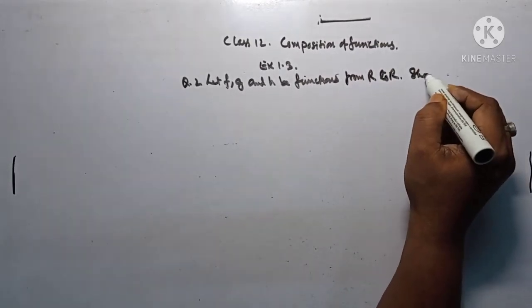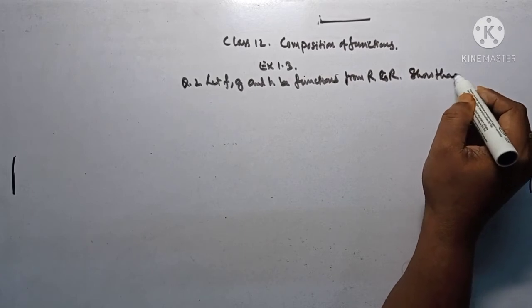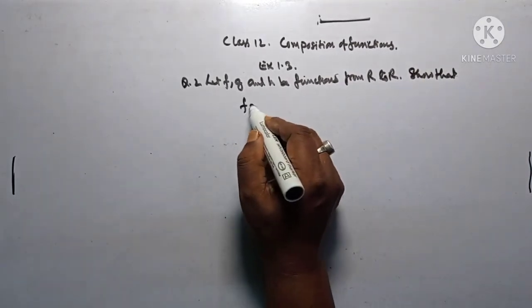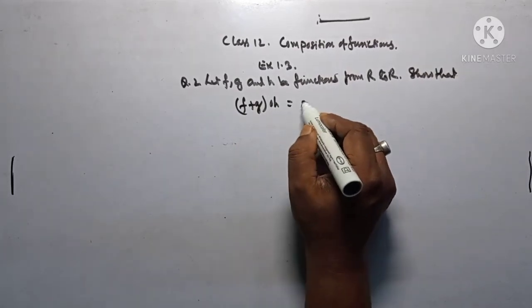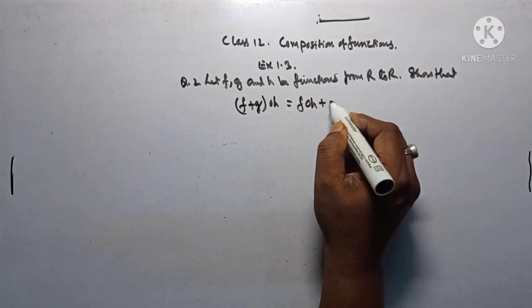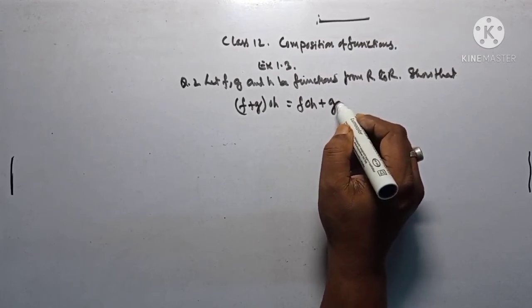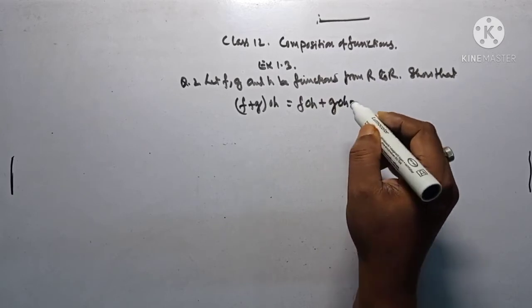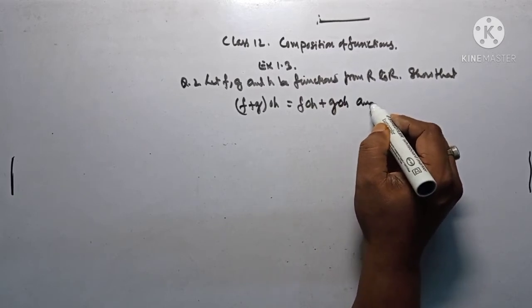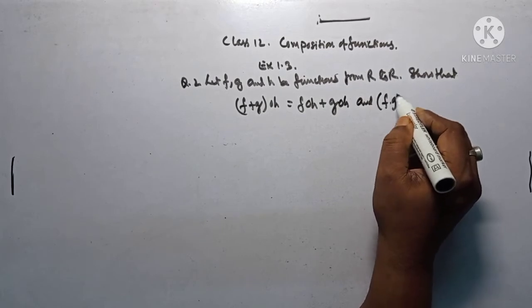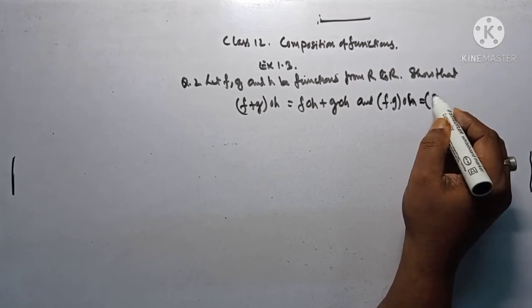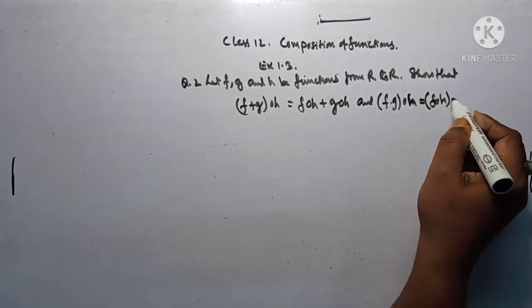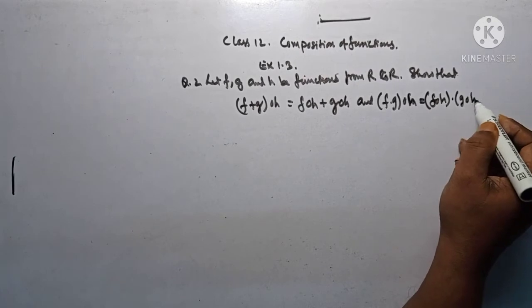We have to show that (f + g) o h is equal to f o h + g o h, and (f · g) o h is equal to (f o h) · (g o h).